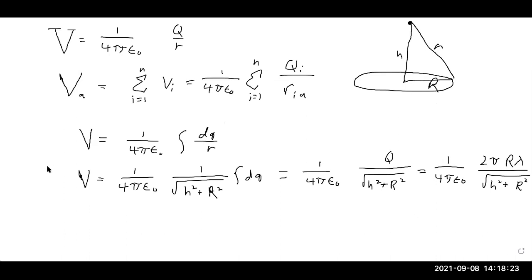So for this solution, if the height becomes very, very big compared to everything else, the potential goes to 0. And if R becomes very, very big compared to everything else, it just becomes 2 pi lambda over 4 pi epsilon naught.